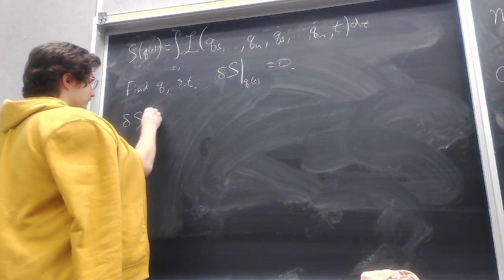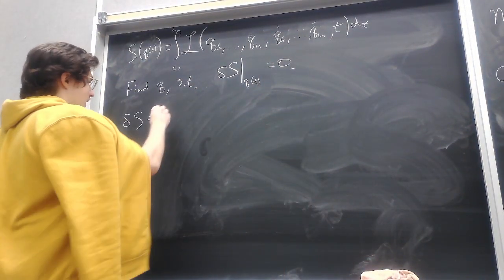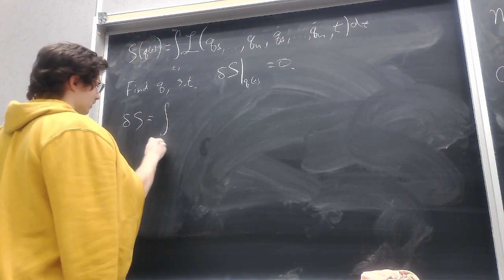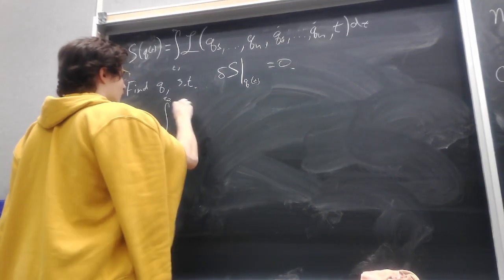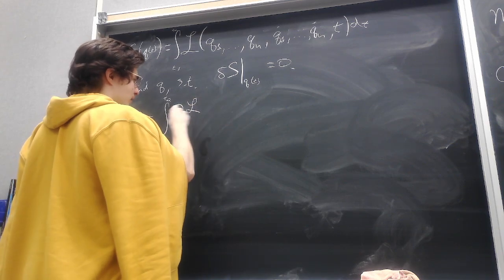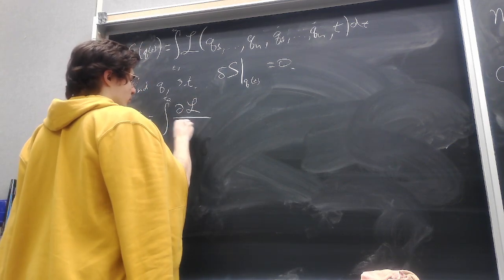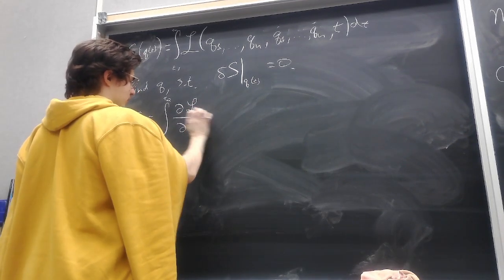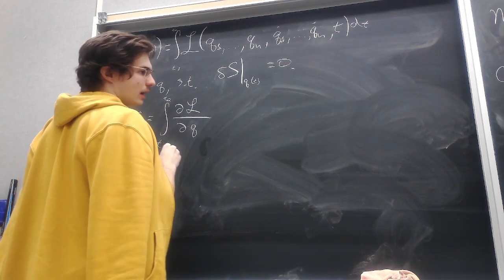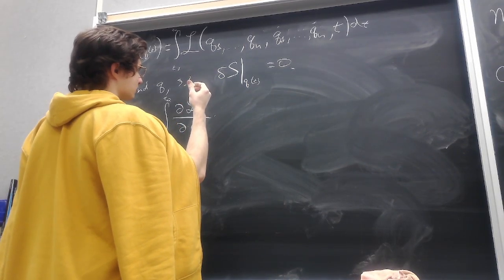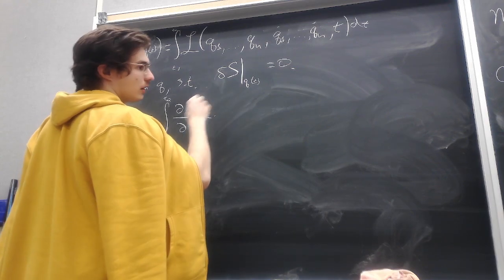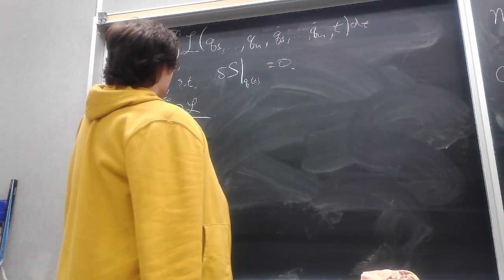That del S, the variation, is, you take the derivative of L with respect to Q and multiply it by the little change we make.